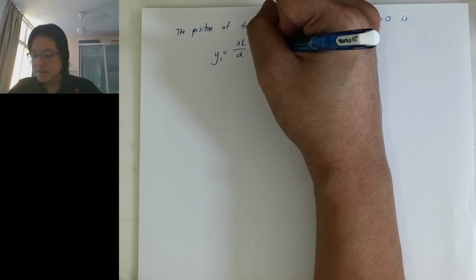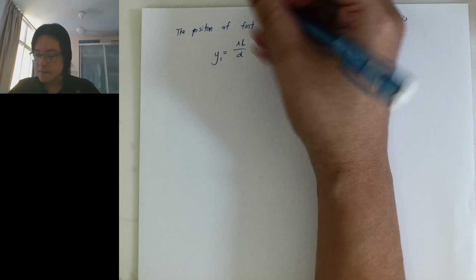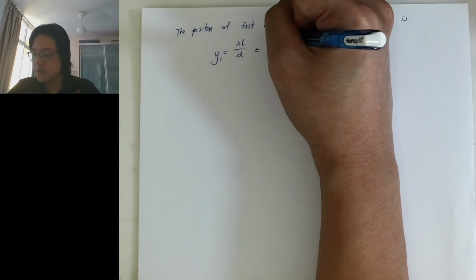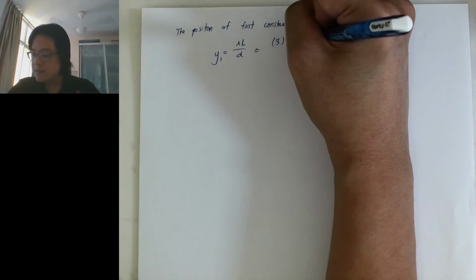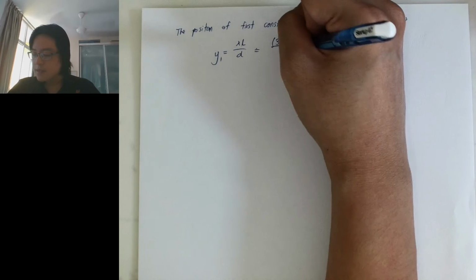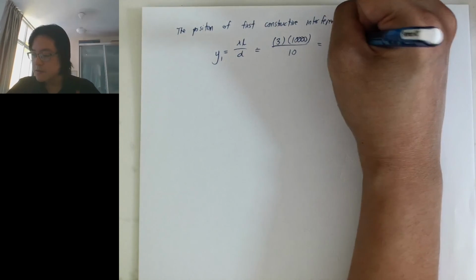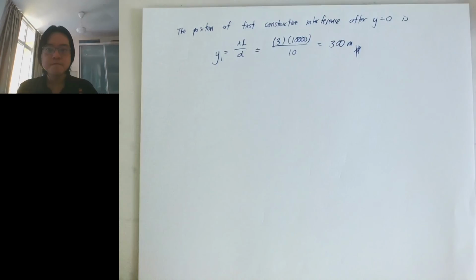So we just plug in the formula. Lambda was 3, L is 10,000 meters, d is 10, so it is 3000 meters. That's it, right? So this is the answer for part A.